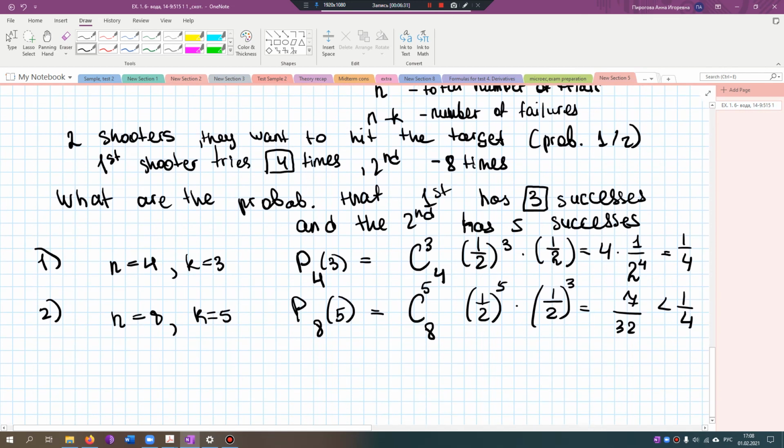So in this case, we had the probability equal to 1/2 for both failures and successes.